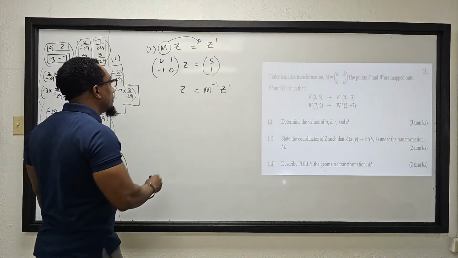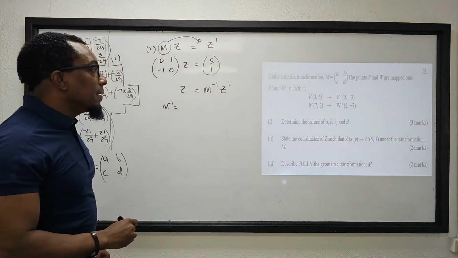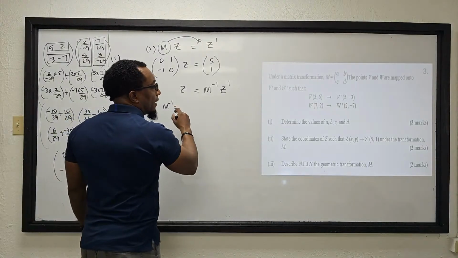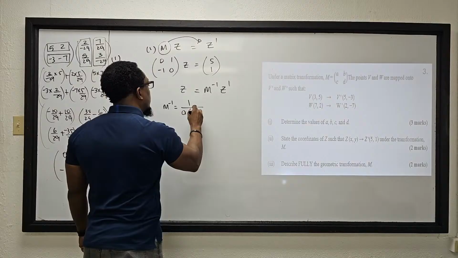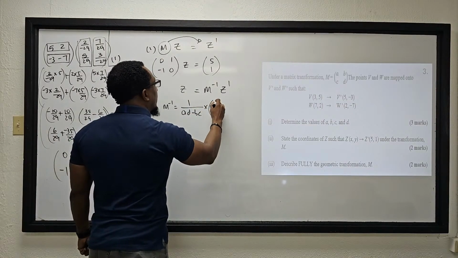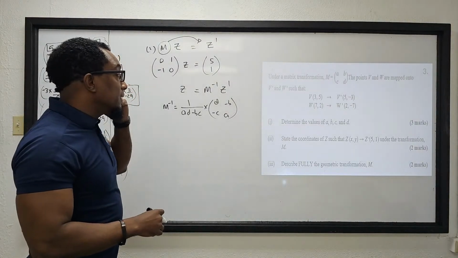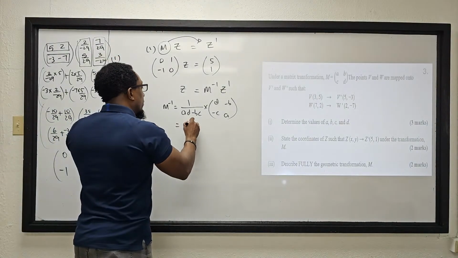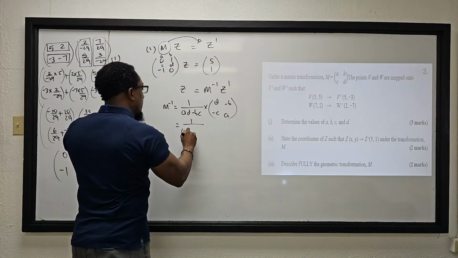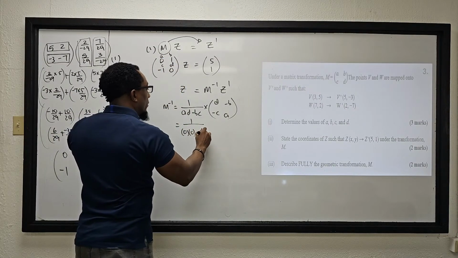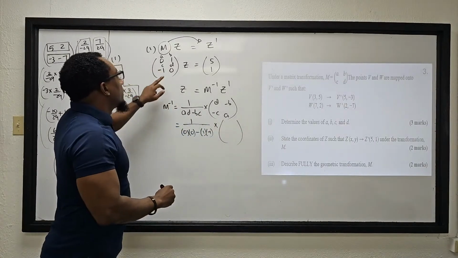So let's find the inverse of M. The inverse of M, of course, will be 1 all over the determinant times the adjoint. So interchange both A and D, change the signs of B and C. This is 1 all over, this is A, B, C, and D, so it's going to be 0 by 0, subtract 1 by negative 1, times the adjoint.